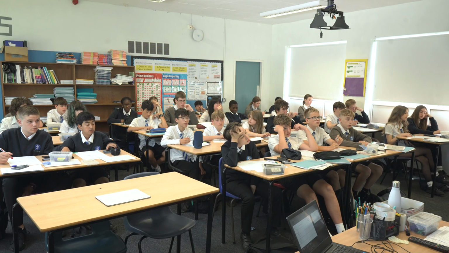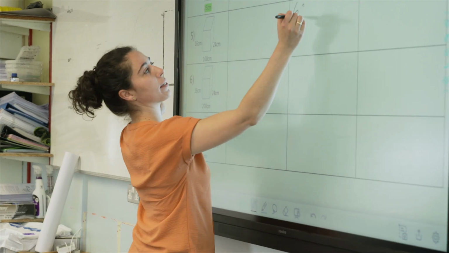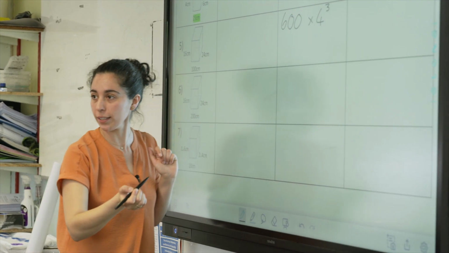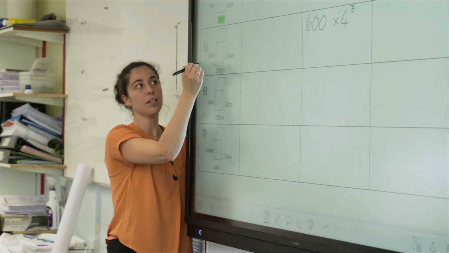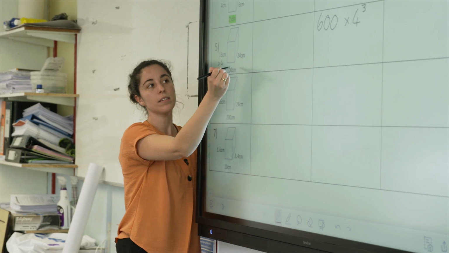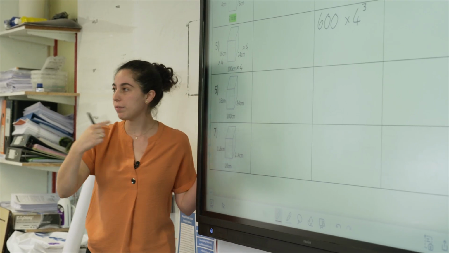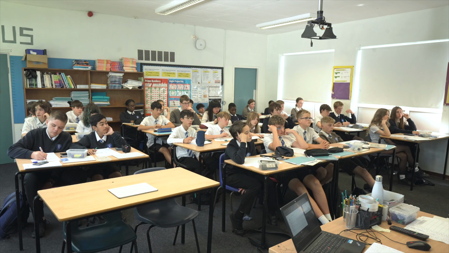Okay, so what Vihan's done, he's taken his previous answer of, it was 600, wasn't it? And you said you times it by 4 cubed, correct? Right, the 4 cubed has come from, as Vihan said, we've times every side length by 4. If we've times every side length by 4, what have we actually done?